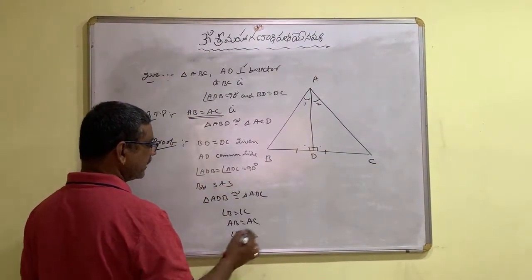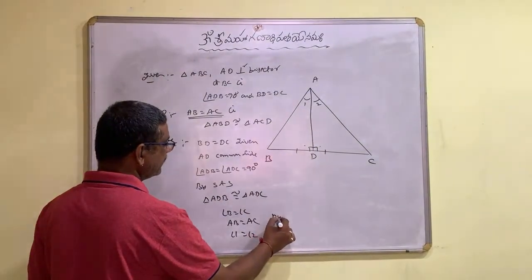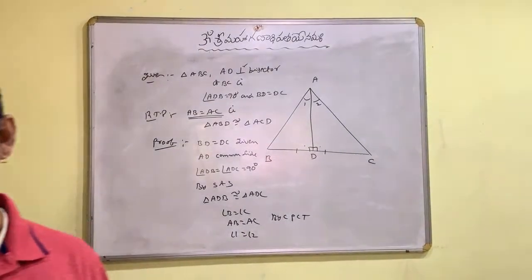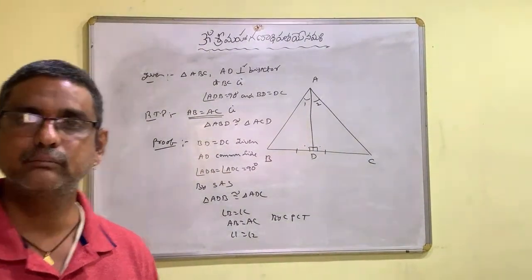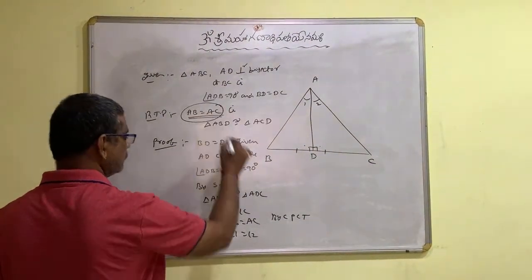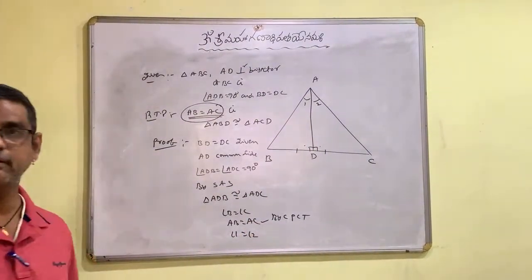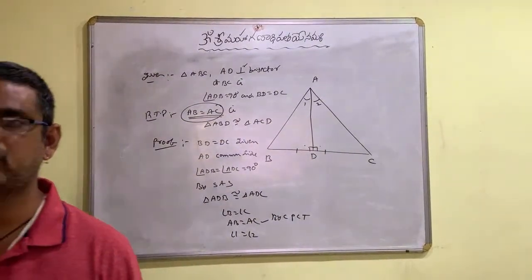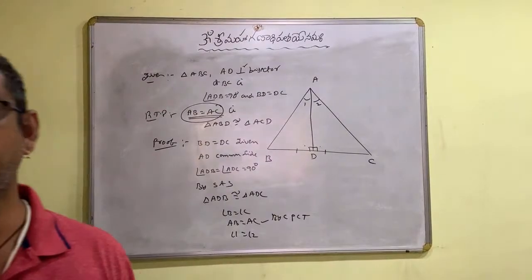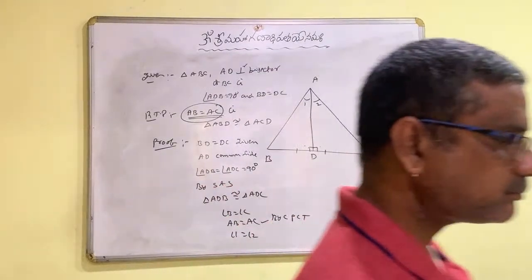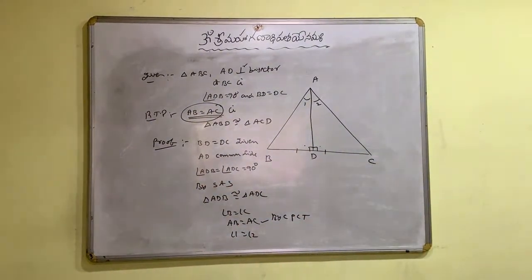Angle 1 is equal to angle 2 by CPCT. This is what I wanted to prove, which is already there here, by CPCT. Over. The problem is done. Okay, na?